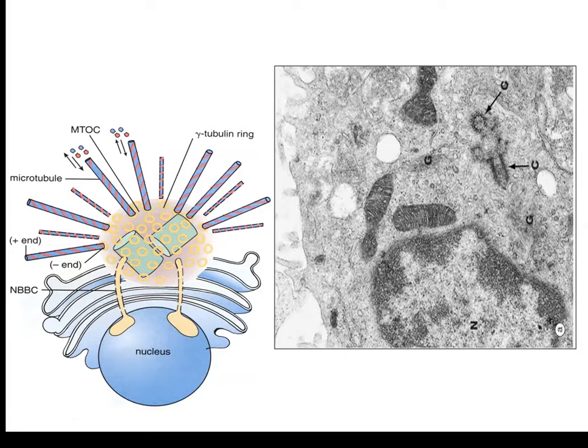Centrioles are small and cylindrical structures, as we are looking here, composed of 9 triplet microtubules, and they constitute the core of the microtubule organizing center, or the centrosome. Usually the centrioles are paired structures arranged perpendicular to each other and are located in the microtubule organizing center and in the vicinity of the Golgi apparatus also.